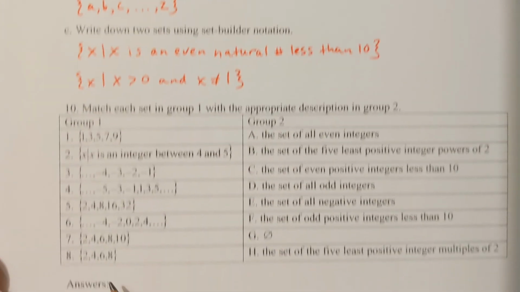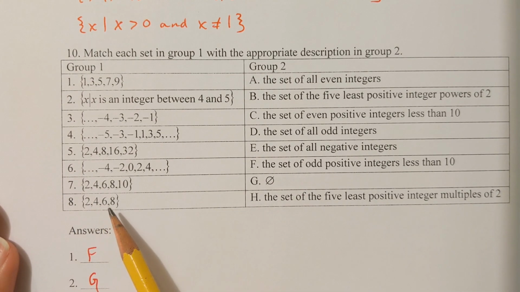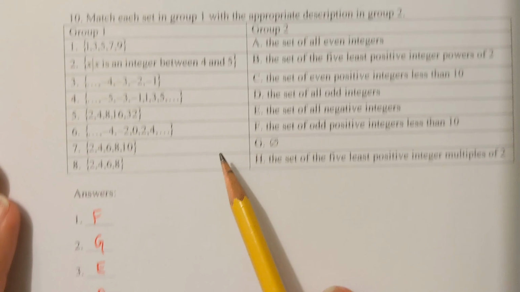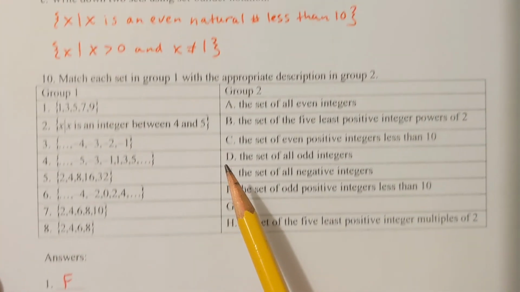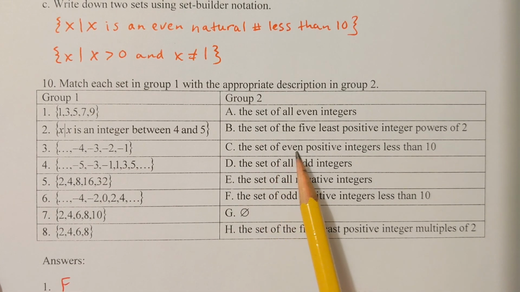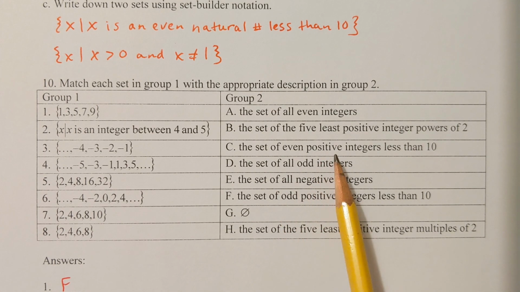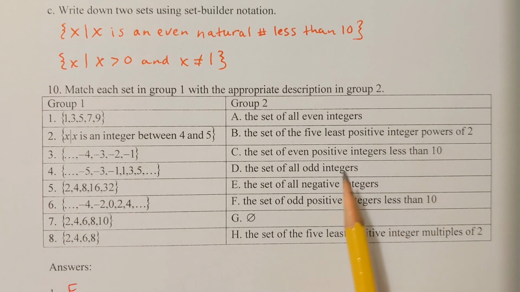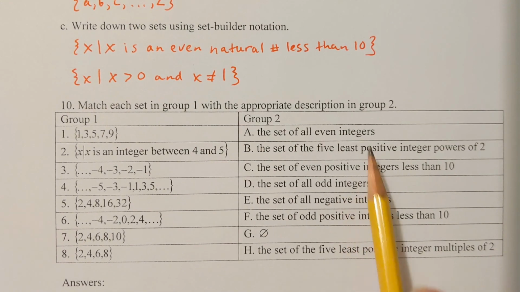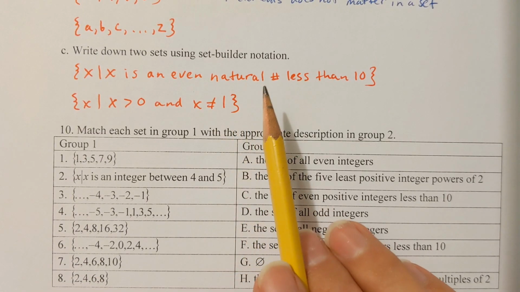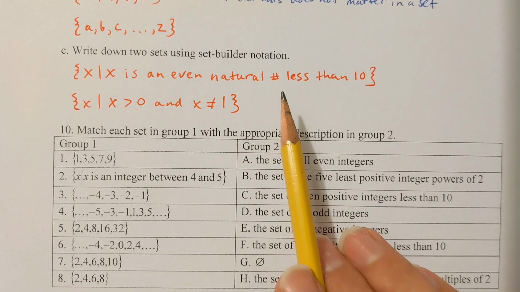Well, that's the same thing here. So there's 2, 4, 6, 8. If I say the set of even positive integers less than 10, a positive integer is the same thing as a natural number.